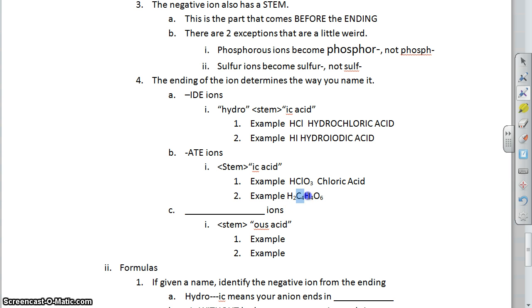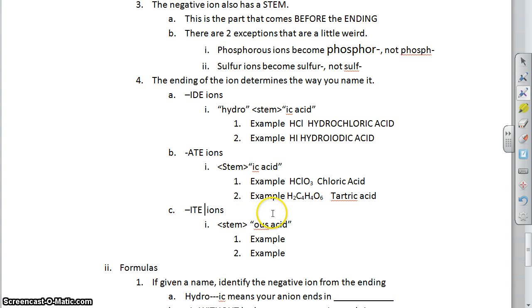Well, because that hydrogen must be part of a negative ion. This must be on your ion sheet somewhere, and it is. That is tartrate. So with the ate rules, we start with tartrate, chop off the ATE, leaving us with the stem tartar, and then ic acid, and that's it. We're done. Tartaric acid. Maybe the hardest part there is identifying the negative ion. The fact that there are two H's here, we'll see why that is in a little bit, but we don't need to know that right now.